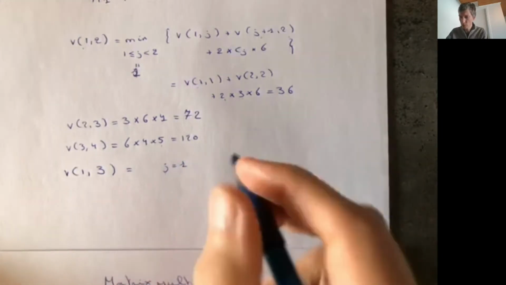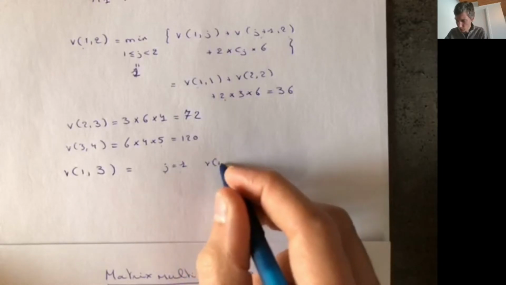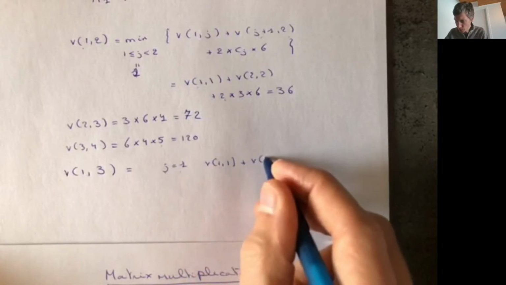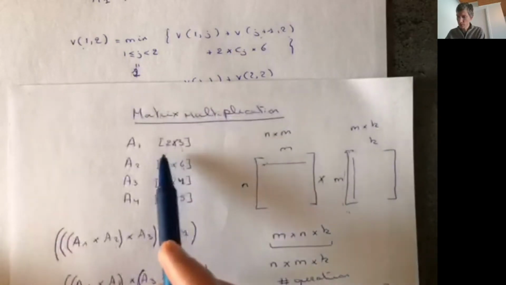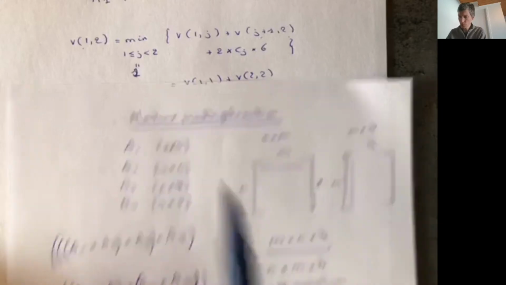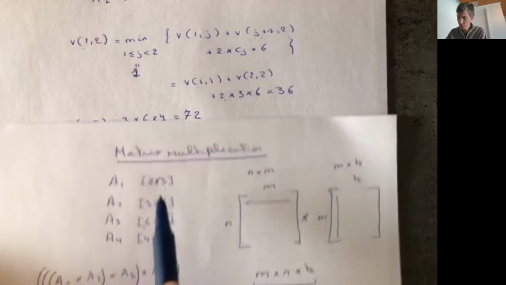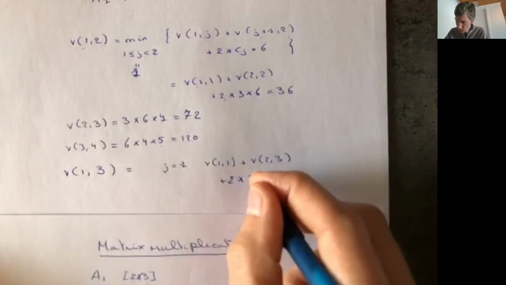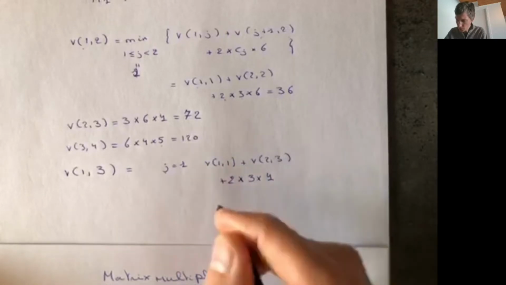For J equal to 1, by the Bellman equation, this is equal to V1,1 plus V2,3, plus the number of rows of matrix 1, which is 2, times the number of columns of matrix 1, which is 3, times the number of columns of matrix 3, which is 4.